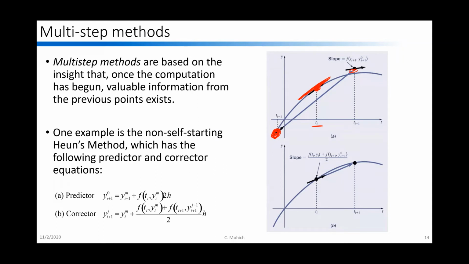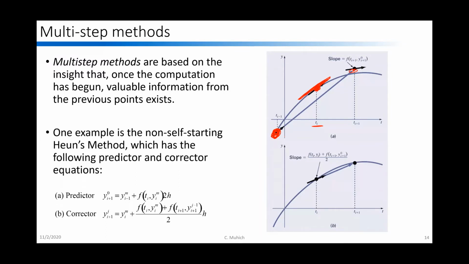This is the idea behind Heun's predictor-corrector model. And this is called the non-self-starting predictor-corrector model, because we're not going to be able to start it. You'll see why in just a second.